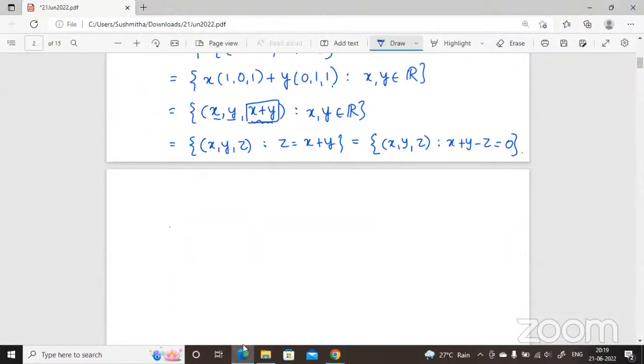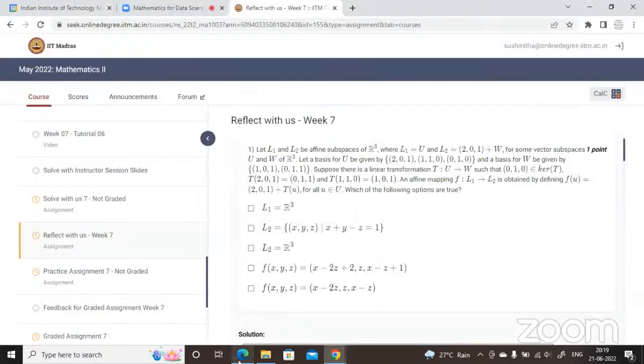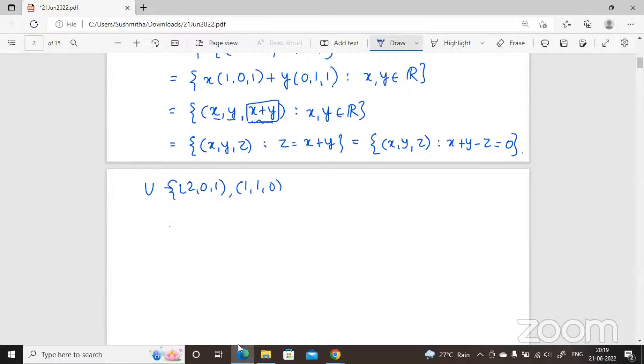See, a basis for U is given: (2, 0, 1), (1, 1, 0), (0, 1, 0).